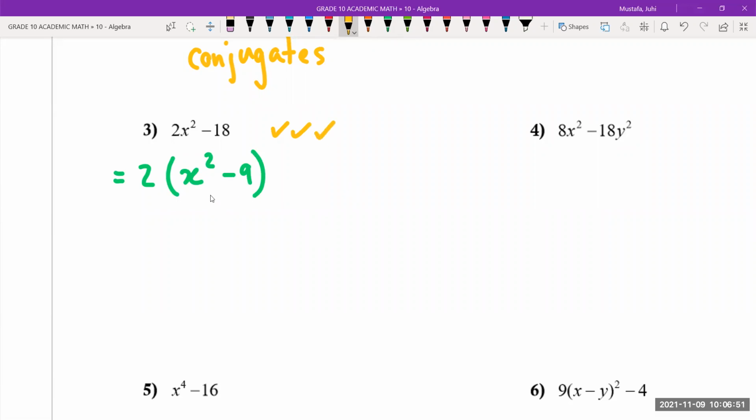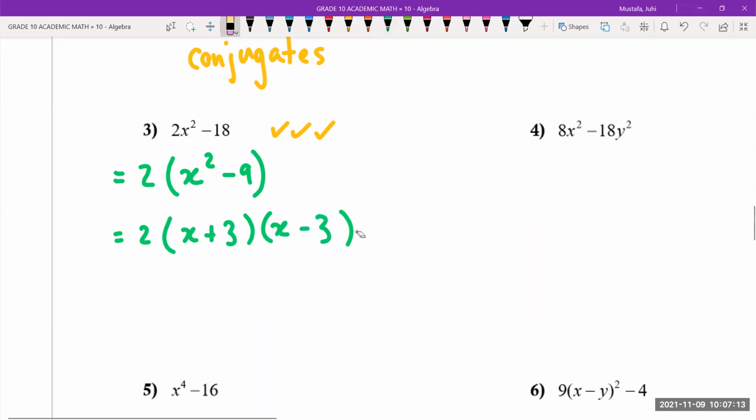Yeah, because remember the number 1 is a perfect square. So now this is a difference of squares question. What am I going to have in my brackets? Yep. X plus 3, x minus 3.